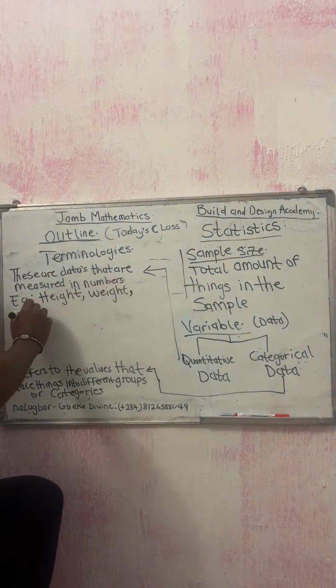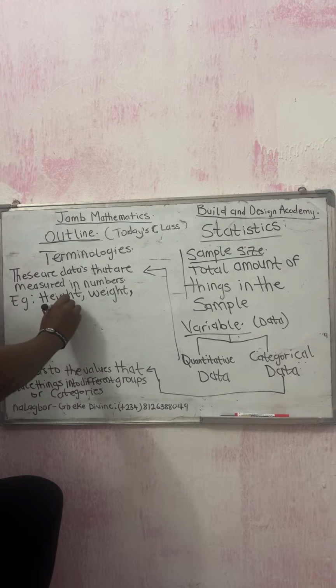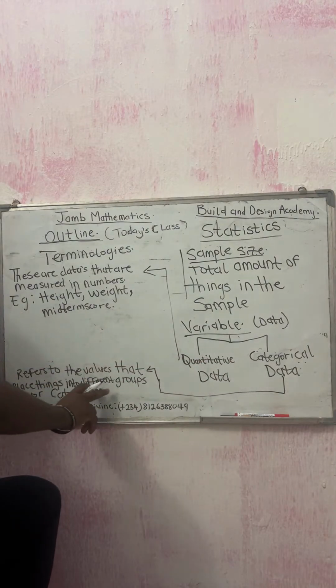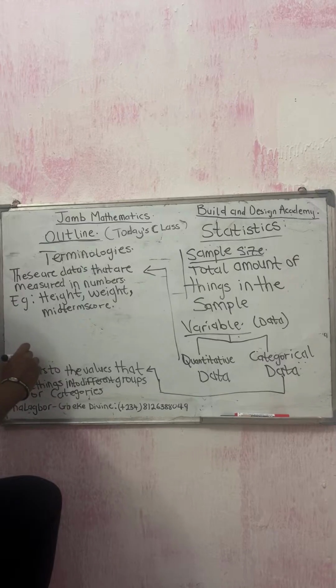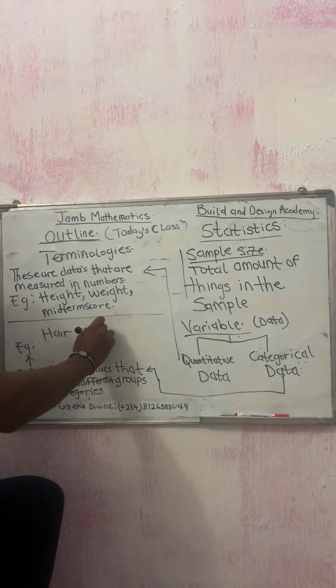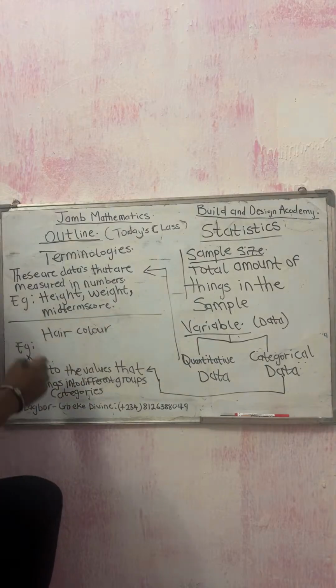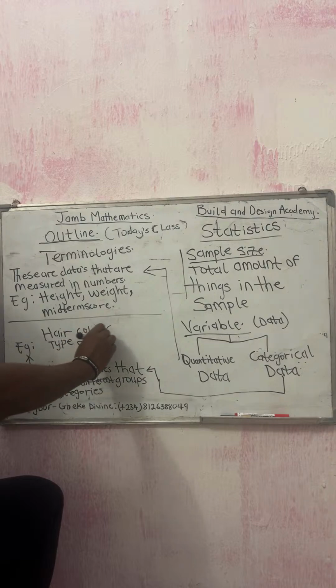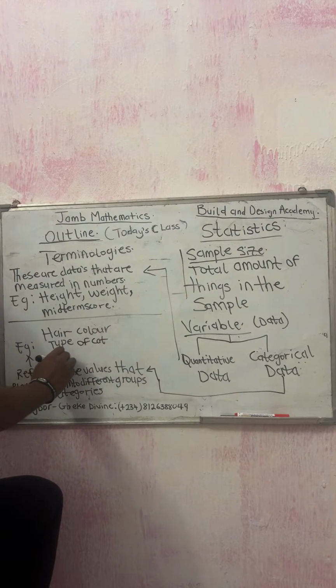While for categorical data, which refers to things placed in different groups, we have examples like your hair color, your type of cat, or your breed of dogs, your letter grade.